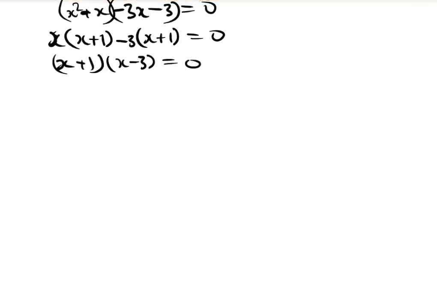So let's solve for x. This implies that x plus 1 is equal to 0, or x minus 3 is equal to 0. Therefore, x is equal to minus 1 or 3. This implies that we have to substitute x equal to minus 1 and x equal to 3 in the original function.